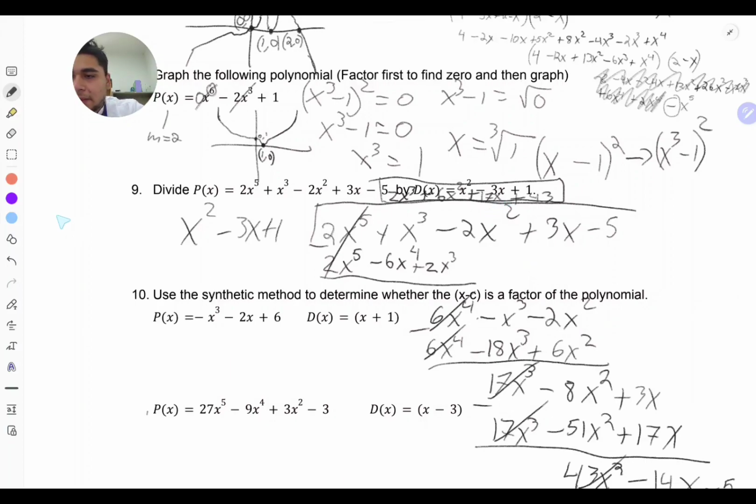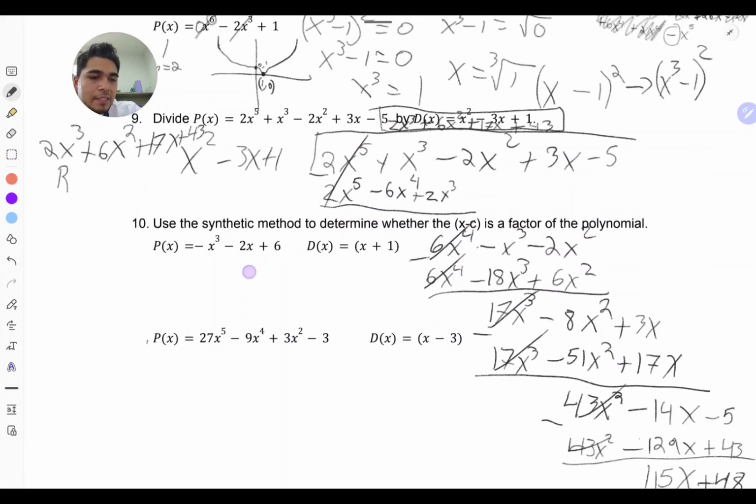So for now, our final answer is 2x cubed plus 6x squared plus 17x plus 43, right? With a remainder of 115x plus 48.